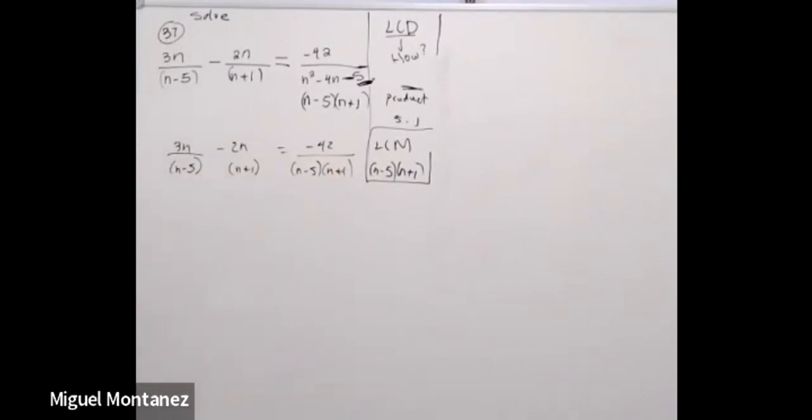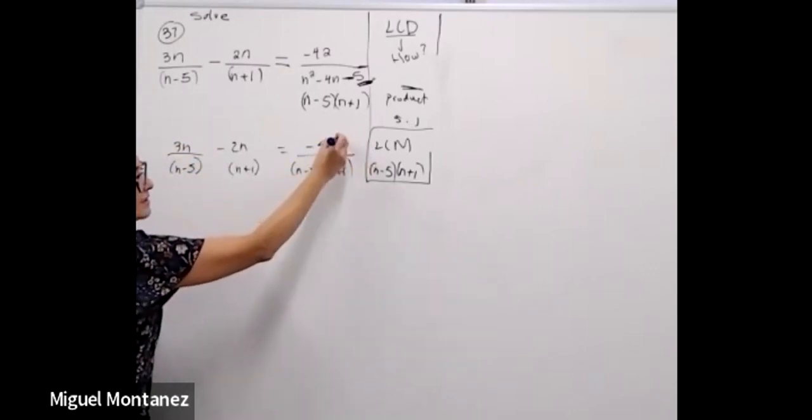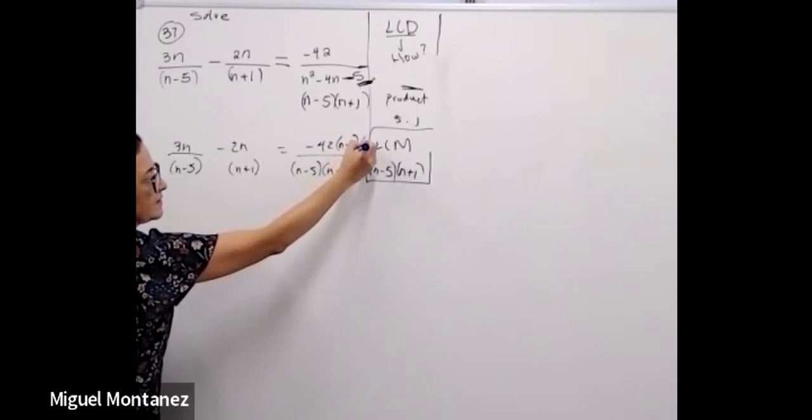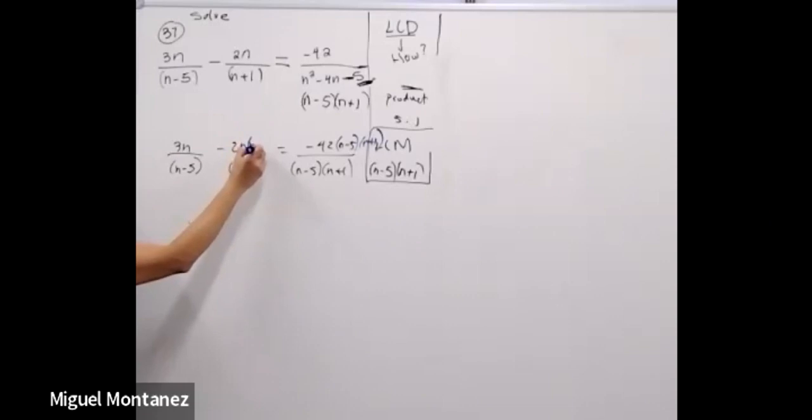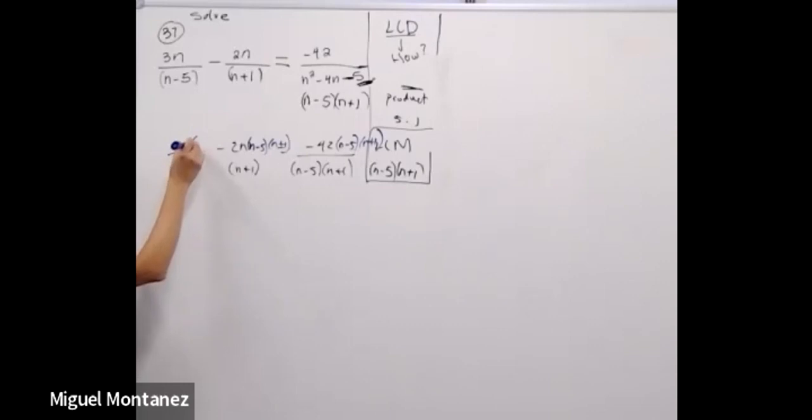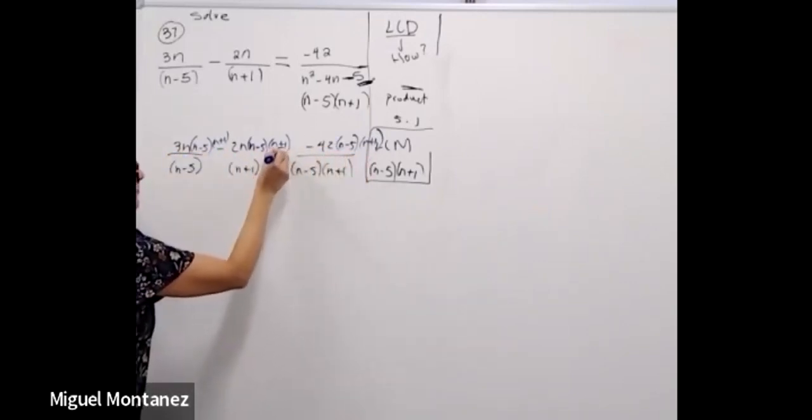When we multiply by this n minus 5, n plus 1 on the right side and also on the left side, we don't have to do it top and bottom. We just do it on both sides, since this has an equal sign.